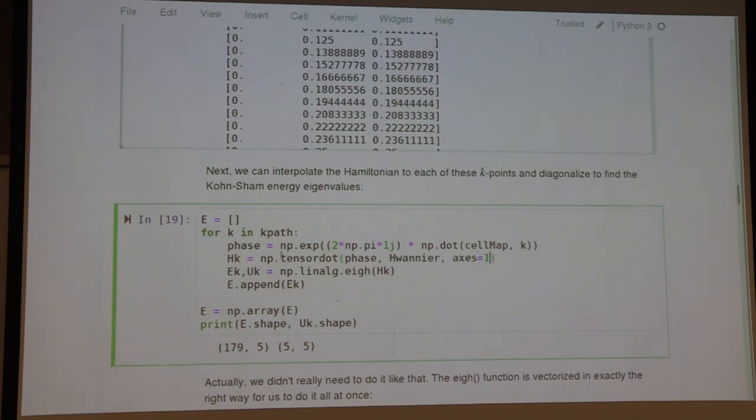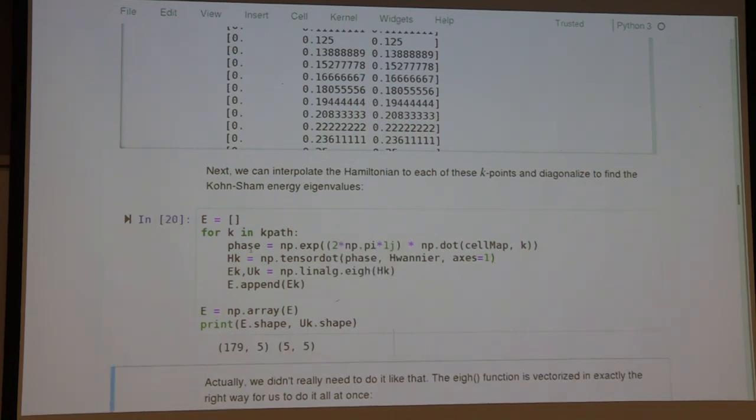So this basically does a dot product where it contracts over the last however many axes I specify of the first tensor, and the same number of first axes of the next tensor. So this was just n cells, and this was n cells by n bands by n bands. So after this contraction I will just get something that's n bands by n bands.